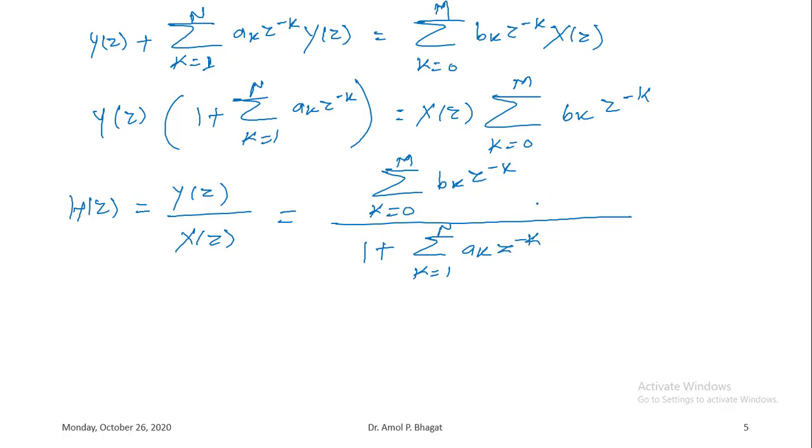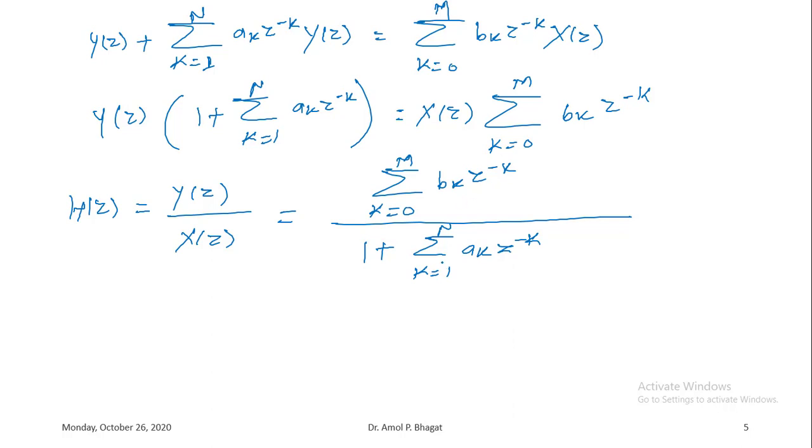So in rational Z transform, we are saying if there is a numerator as well as a denominator in the Z transform, then by factorizing the numerator we can identify the zeros, right?